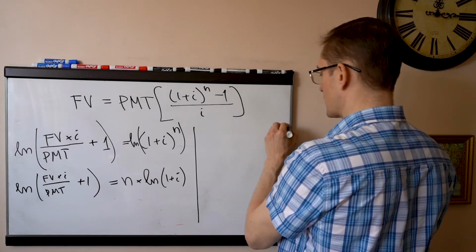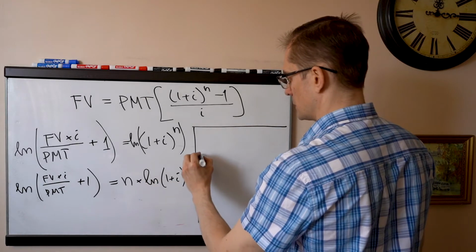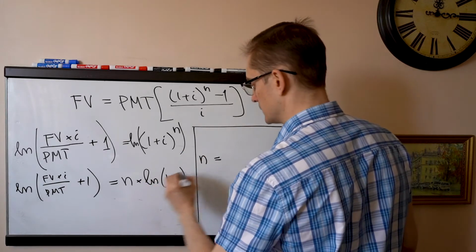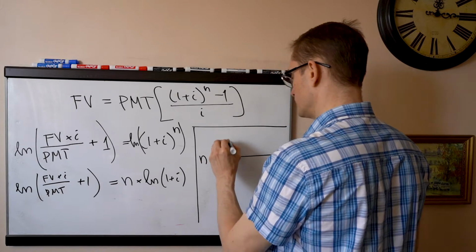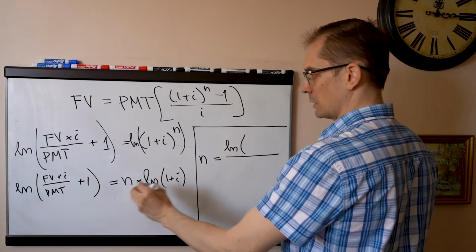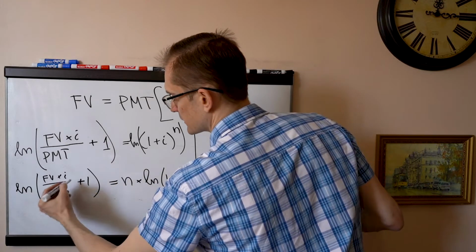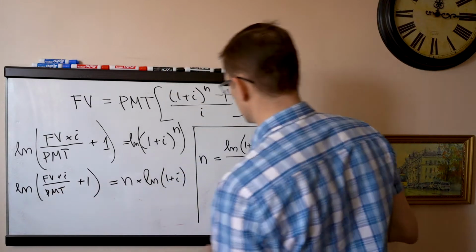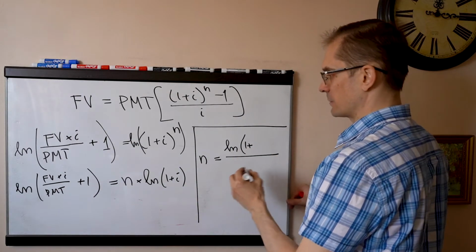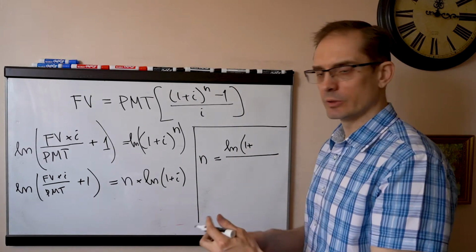Which leads us to the formula for n. n will be the ratio of the logarithm of 1 plus, let me just move this 1 plus to this side, it doesn't matter because a plus b is b plus a, right?